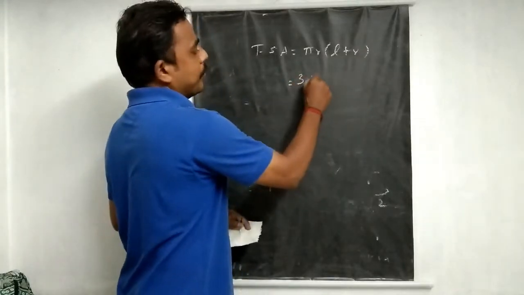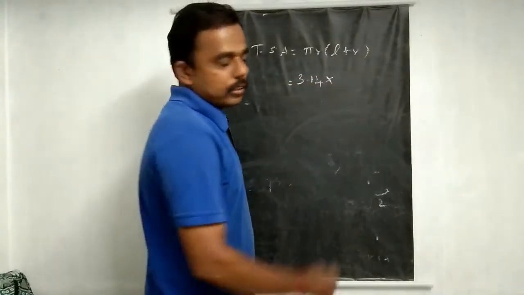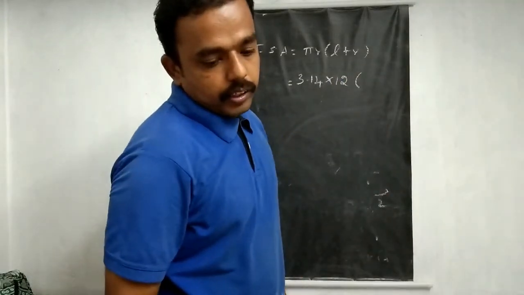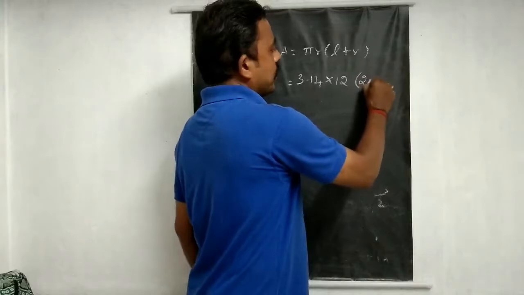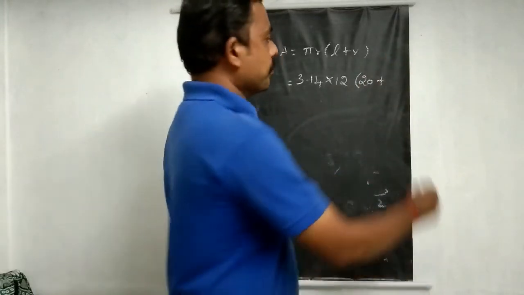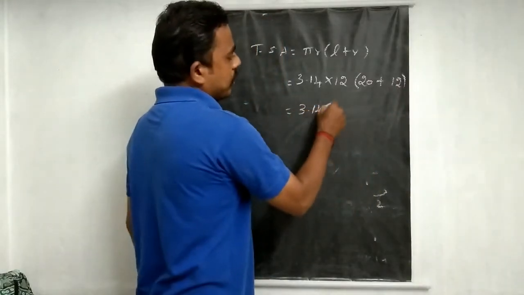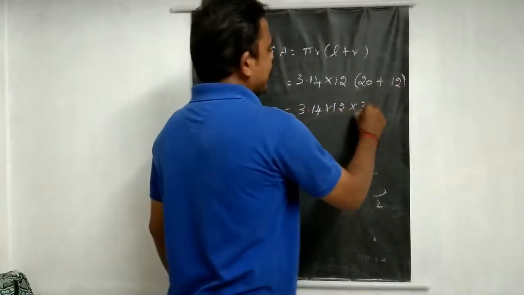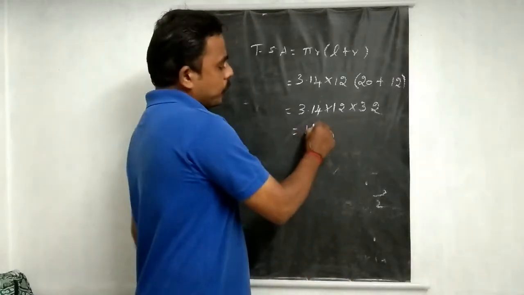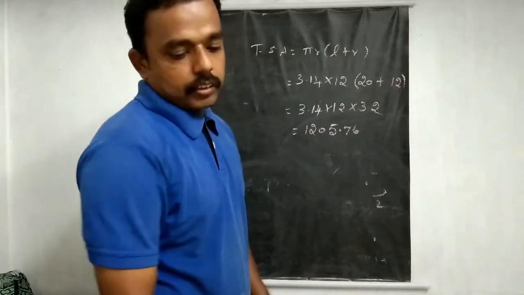So pi value 3.14 into r value 12 into L value 20 plus r value 12. So 3.14 into 12 into 32. Multiply and find the answer. You have the answer in your book: 1205.76 centimeter square.